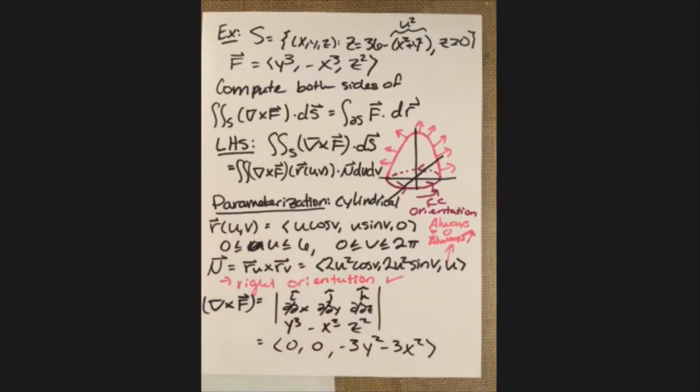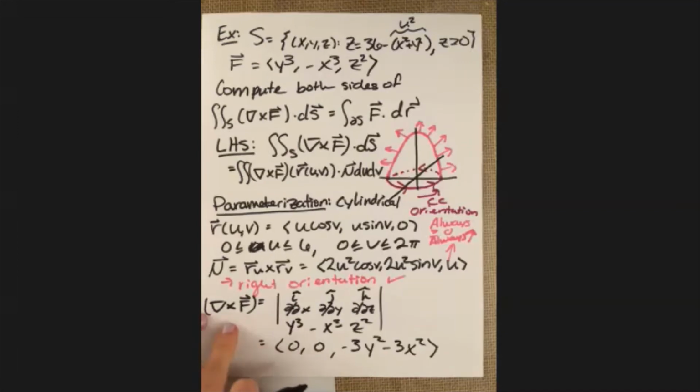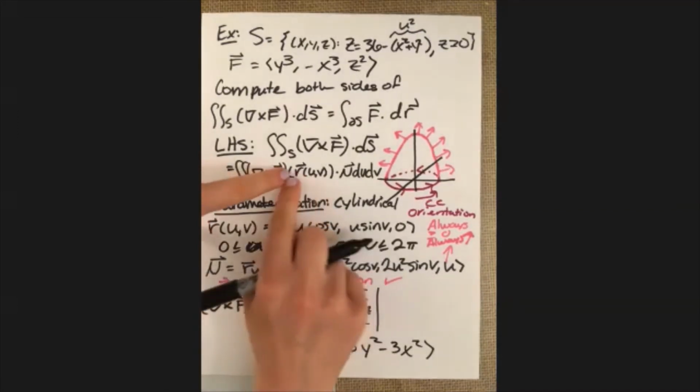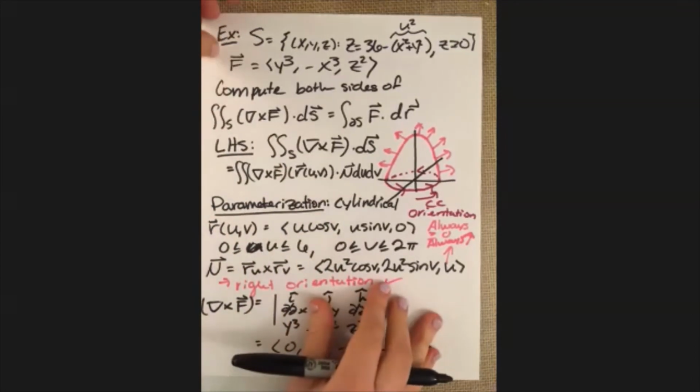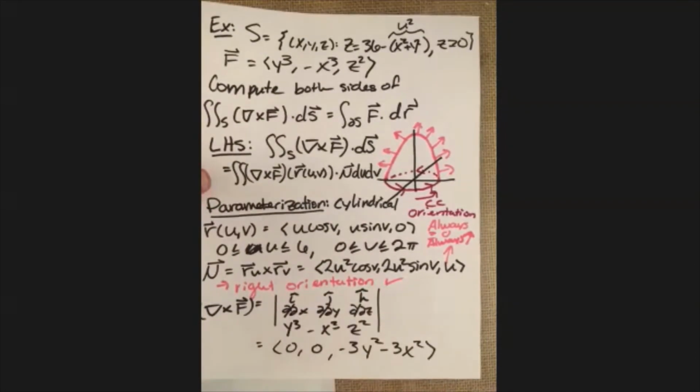Okay. So now at this point, what I want to do is take this and swap out for the pieces that are inside of my parameterization. So let's grab a new page to be able to do that.